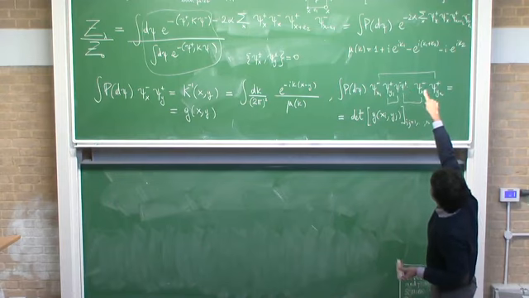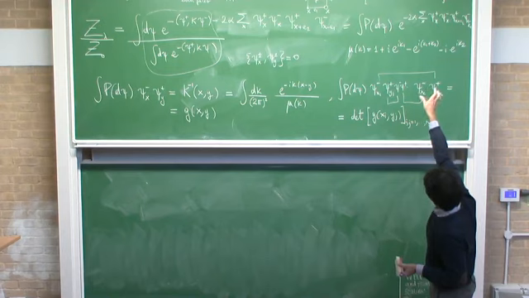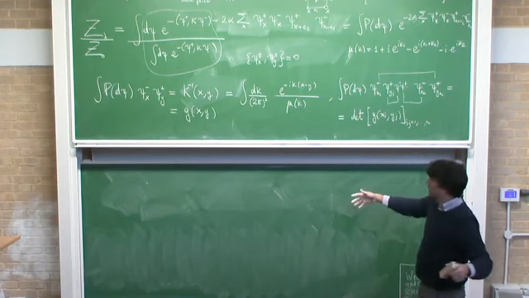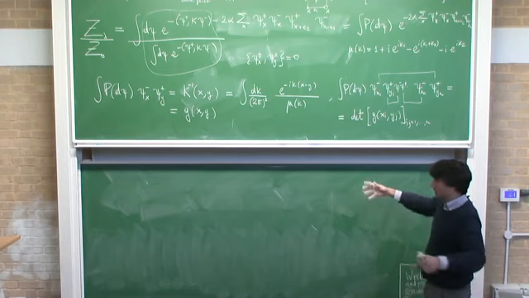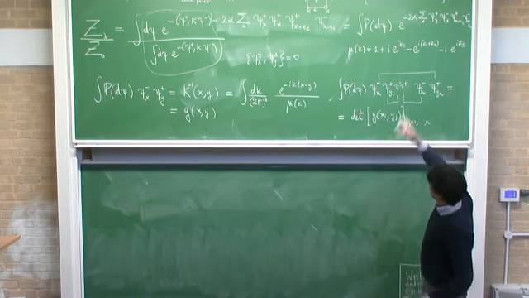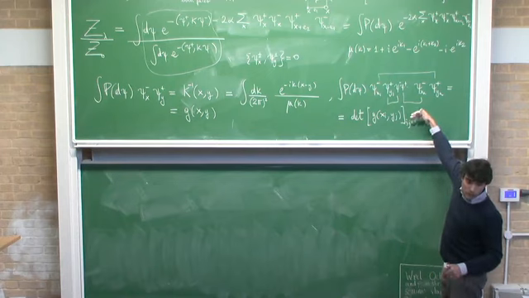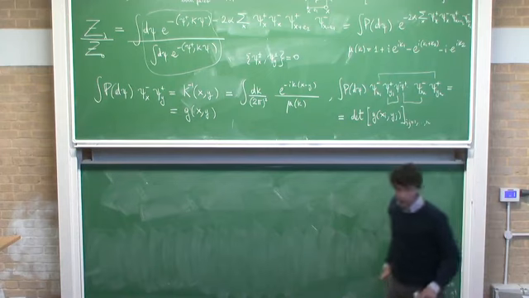If you want to compute the a priori formal power series in alpha, you just expand in Taylor series the exponential. Each term in the expansion is the average of a monomial in the Grassmann variables, and the average of each monomial is computed using this rule.